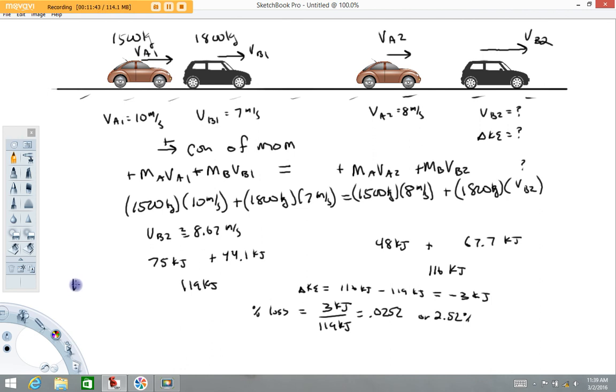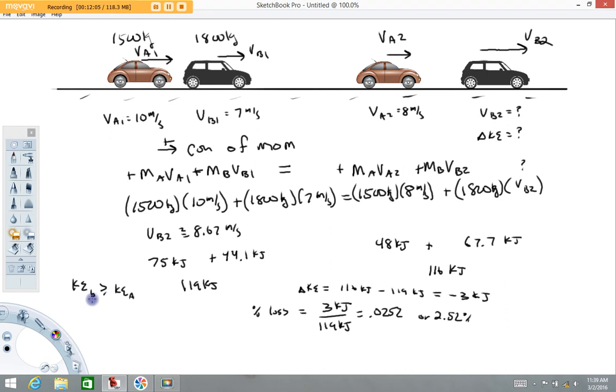Typically, the kinetic energy before an impact is greater than or equal to the kinetic energy after the impact, because there's almost always going to be a loss in kinetic energy before and after an impact. Sometimes there's equality. Again, in your homework you're looking for the word elastic. If you saw elastic, there would be an equality there.